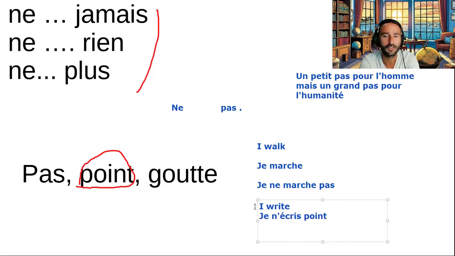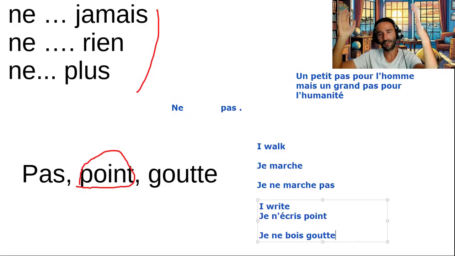But you can impress your friends. For example, I drink is je bois. So to insist that they don't drink anything, they said je ne bois goutte. And goutte means a drop. So I don't even drink a drop of water. Je ne bois goutte. Okay.